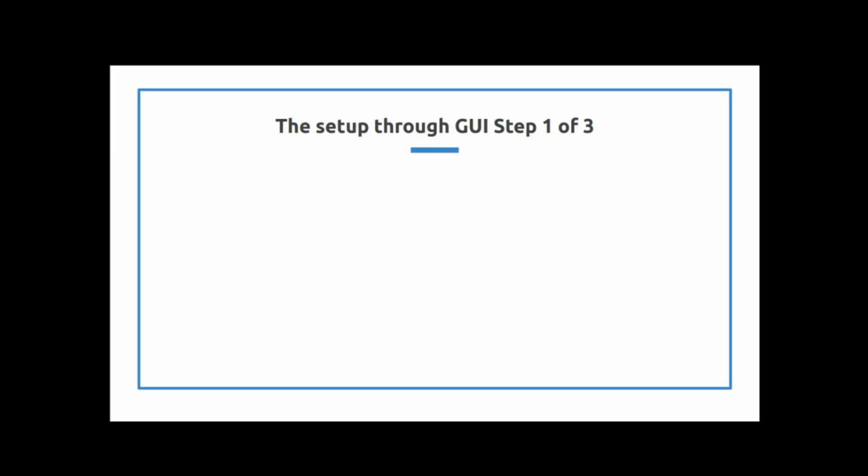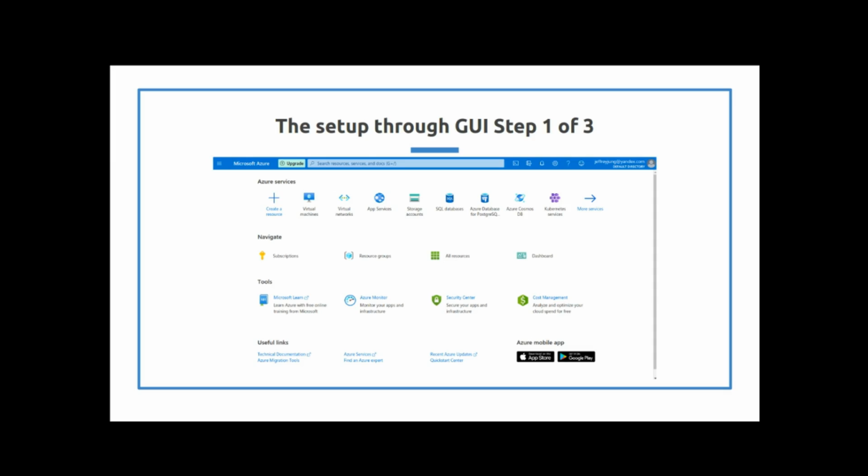So let's get into the demo, right? I think it's time to get our hands dirty, and you can follow along if you want. Just have an Azure portal spun up. To start out, go to the home page of Azure and we're going to set up a virtual machine.